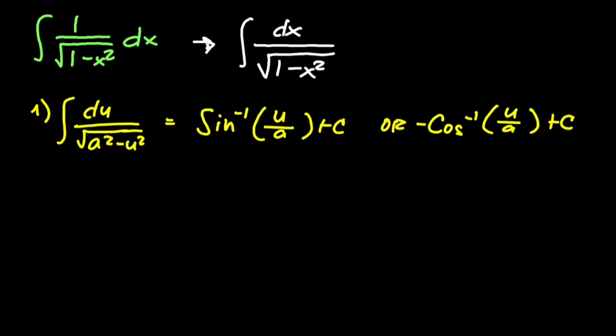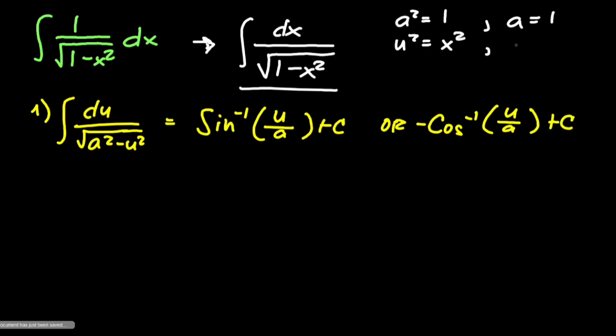It is the same. And now, according to this, let us assign our u value and a value. According to the formula, a squared here is 1 and u squared here is x squared. And now, the square root of 1 is simply 1 and the square root of x squared is simply x.